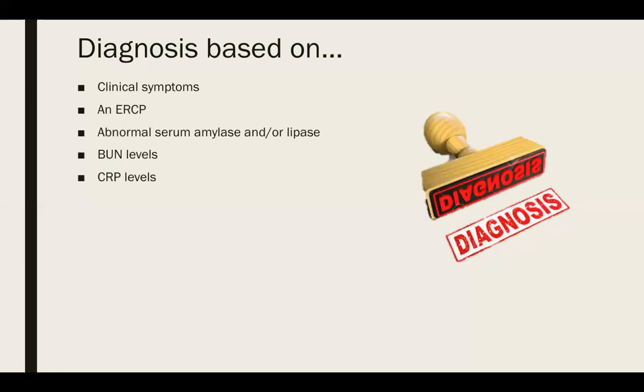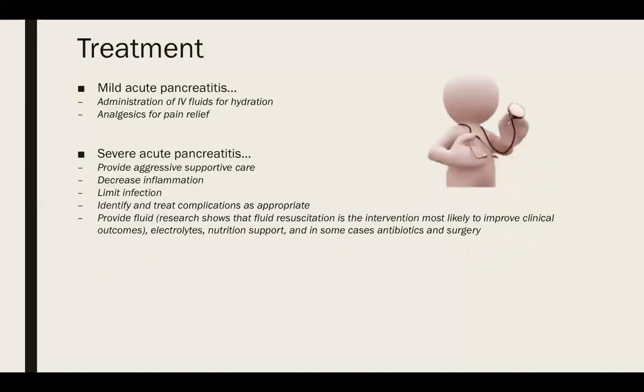So the diagnosis of pancreatitis can be based on the following: clinical symptoms, an ERCP, abnormal serum amylase or lipase levels, BUN levels, and CRP levels. As you can see here, treatment in a mild case is much different than the treatment patients with severe cases receive.